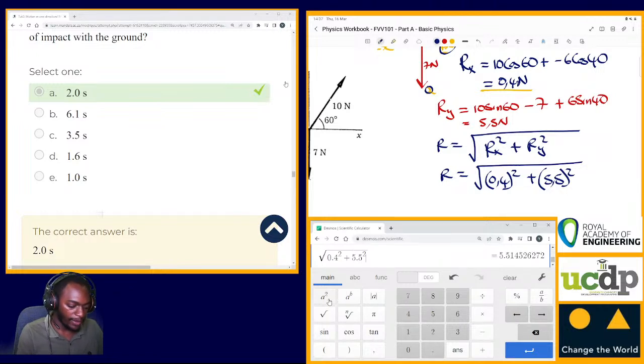Okay, we still get 5.5, which is our resultant, 5.5 newtons. Now we need the angle.